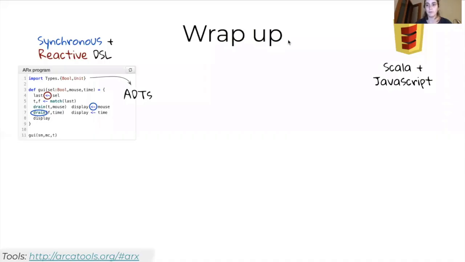So to wrap up, we just introduced our toolset for ARCS programs, which merges notions of synchronous and reactive programming. We have a small DSL that has constructs for synchronous and reactive programming. We have notions of algebraic data types.